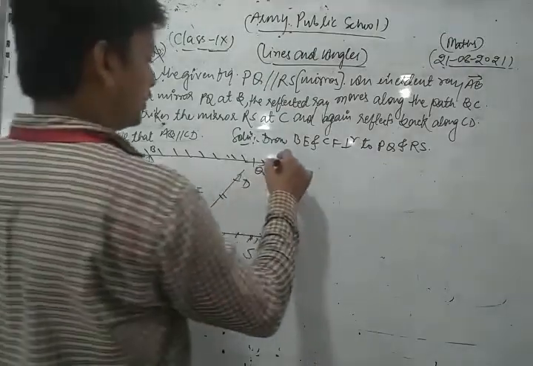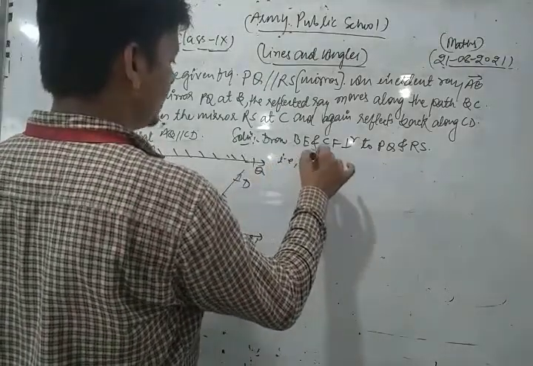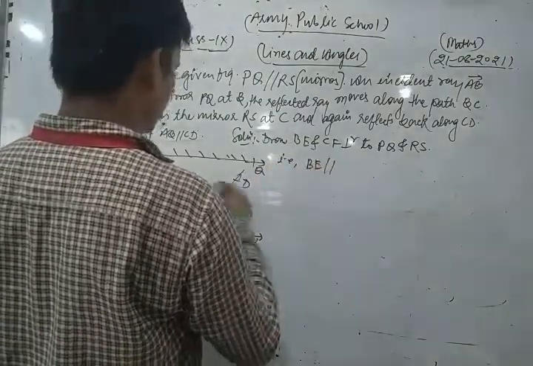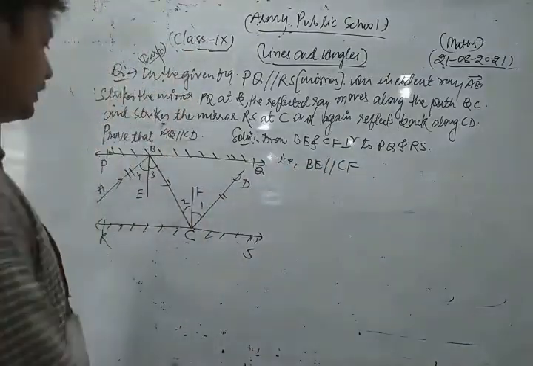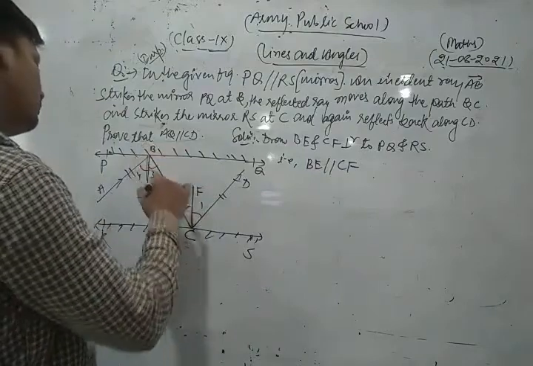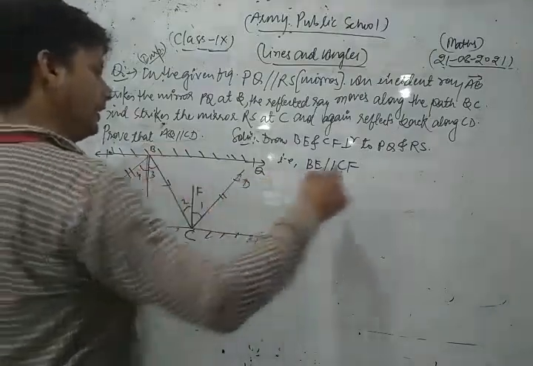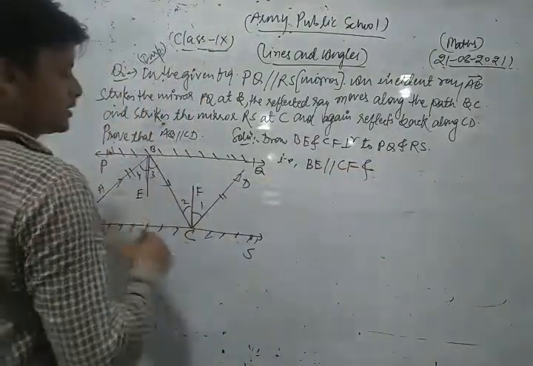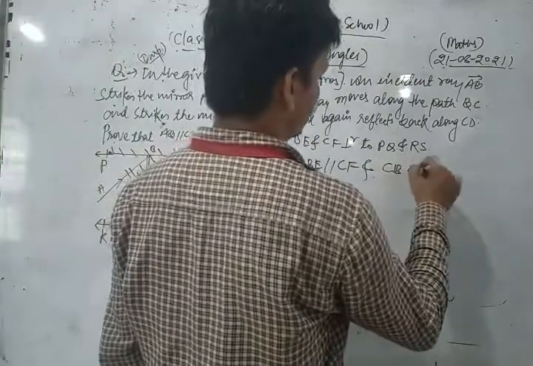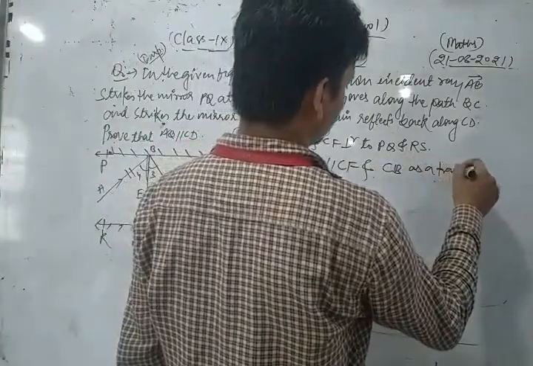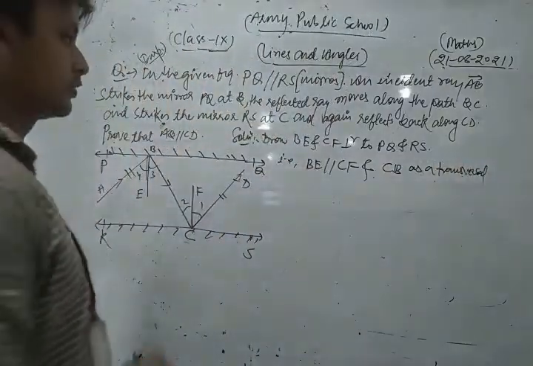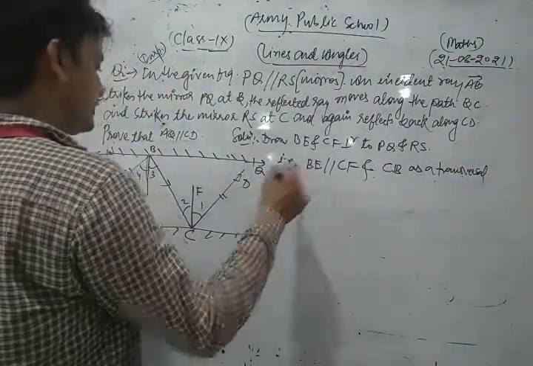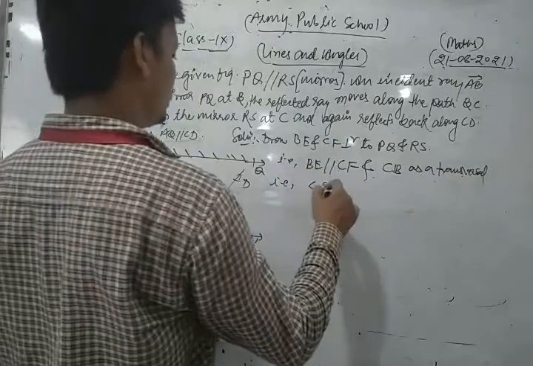So from the figure, BE is also parallel to CF. Now look, if BE is parallel to CF and CB is a transversal, then angle 2 is equal to angle 3.